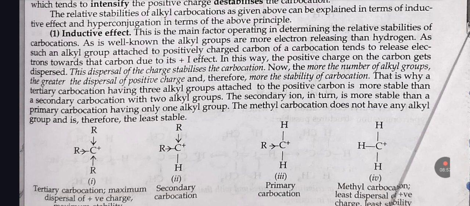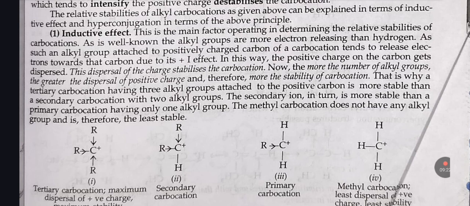Now, the more the number of alkyl groups, greater is the dispersal of positive charge, and therefore more is the stability of carbocation. This is why a tertiary carbocation having 3 alkyl groups attached to the positive carbon is more stable than a secondary carbocation with 2 alkyl groups. The secondary ion in turn is more stable than the primary carbocation having only 1 alkyl group.